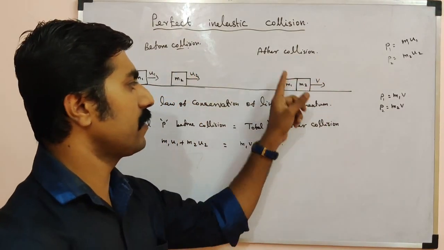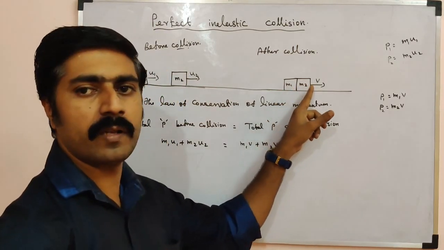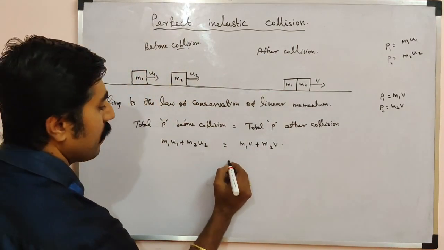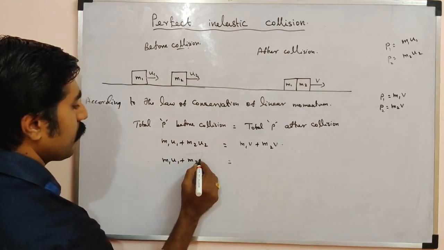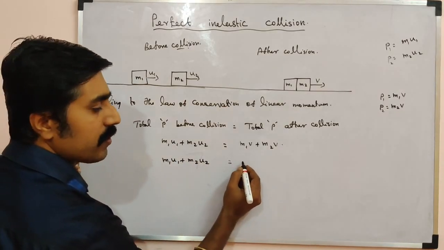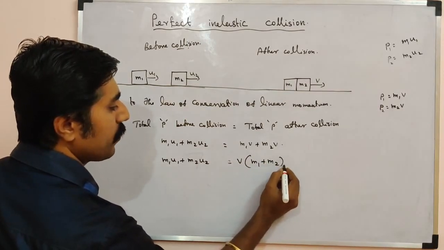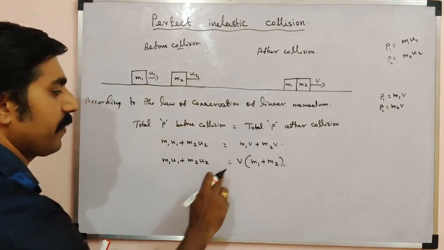We need to calculate the final velocity of the objects of masses m1 and m2 after collision. So from this we can write m1 u1 plus m2 u2 is equal to, here v is common, take it out, m1 plus m2 times v. We need to find the expression of the final velocity.